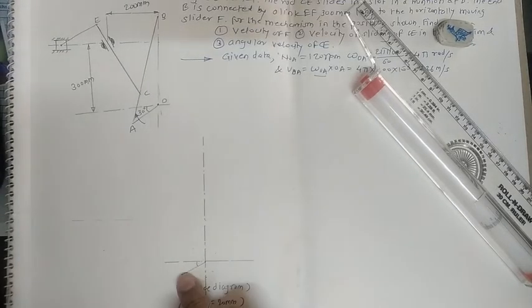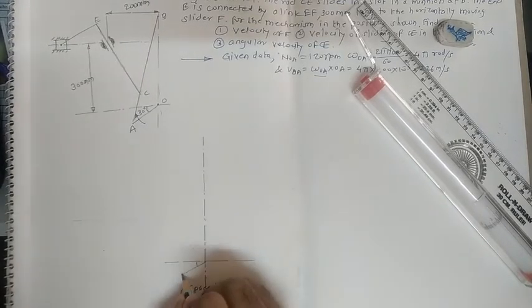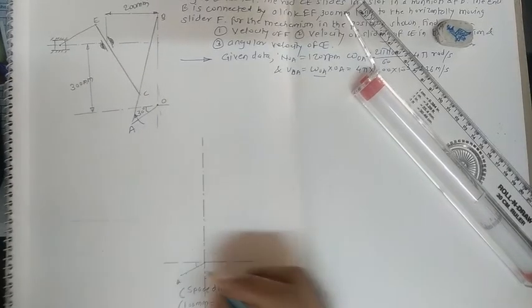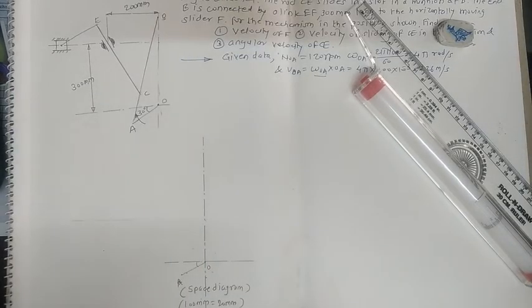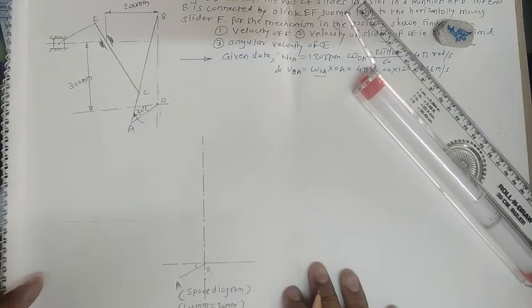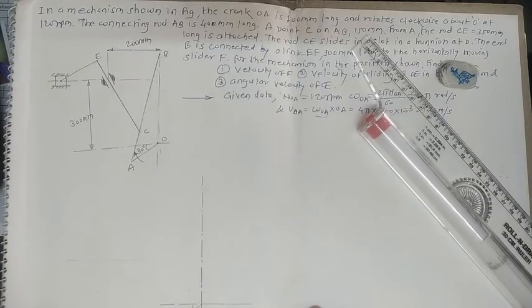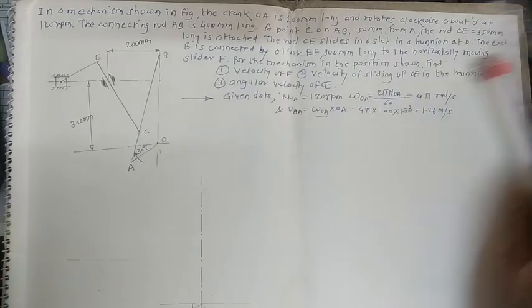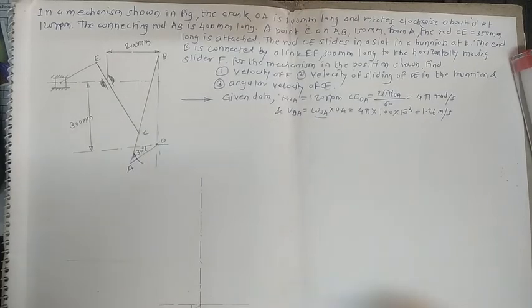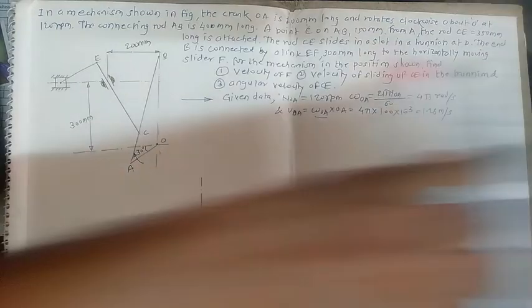Once we get this 100 mm, here we can get the A point. O point is here. Now next one, the length of the link AB is 400 mm. So take this 400 distance into compass and just mark on the vertical line.